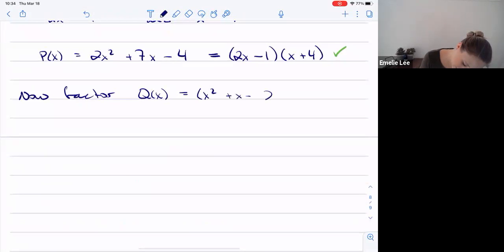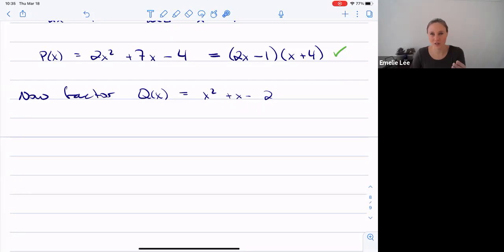You might be one of those crazy factoring whizzes who is able to look at this and say, okay, something that has to add to 1 and multiply to negative 2. I've given up on that a long time ago. It doesn't make sense to me. It's really hard for me to see. So I just stick with the quadratic formula. It'll always work. It's a little bit longer, but there's no harm in it.